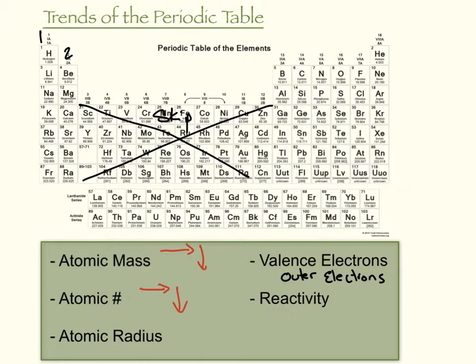So if you skip that, you then go to group 13, which has 3 valence electrons. You get 4 valence, 5, 6, 7, and then the noble gases, this is really important, they have 8 valence electrons. Remember, we consider 8 to be a full outer shell.